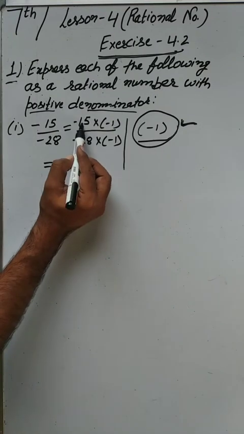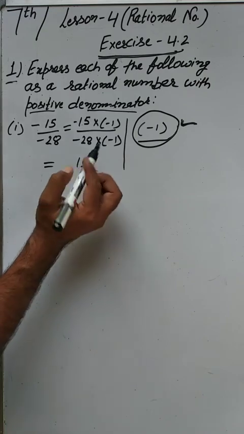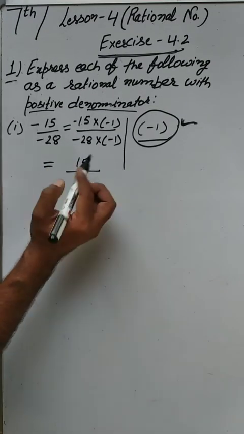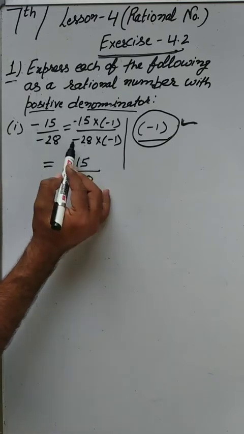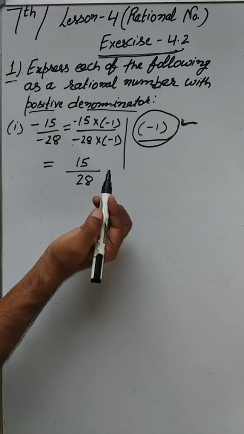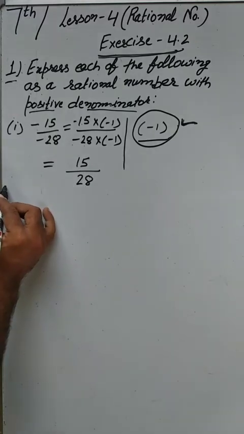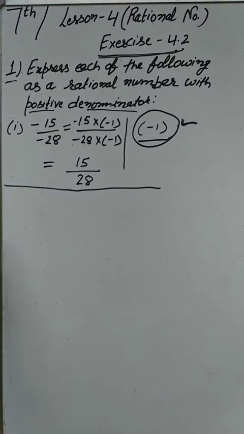So now 15 multiply 1 is 15. You know very well, minus multiply minus changes into plus, and 28 multiply 1 is 28. Similarly, minus multiply minus changes into plus. Understood? So very easily you can change the sign of denominator as well as numerator.